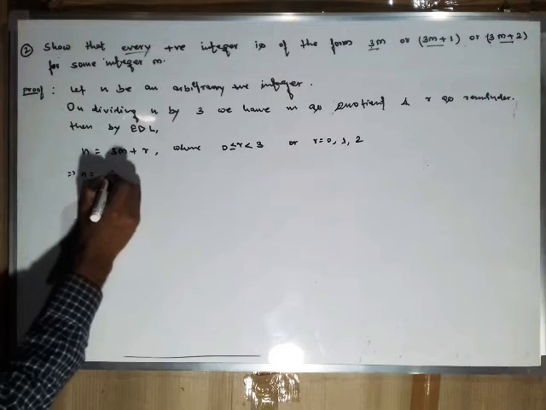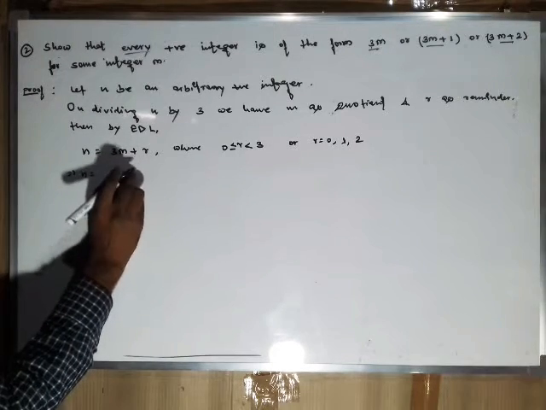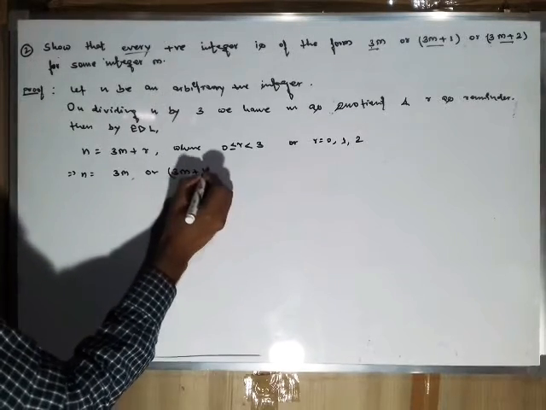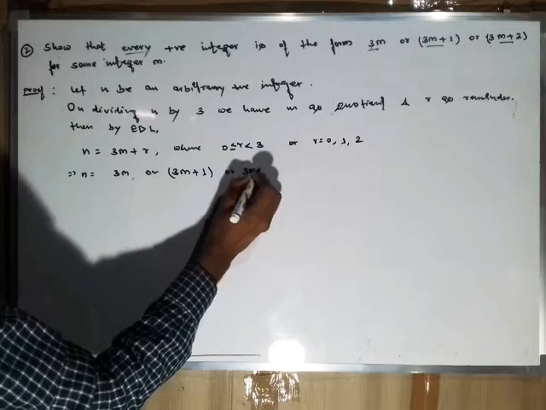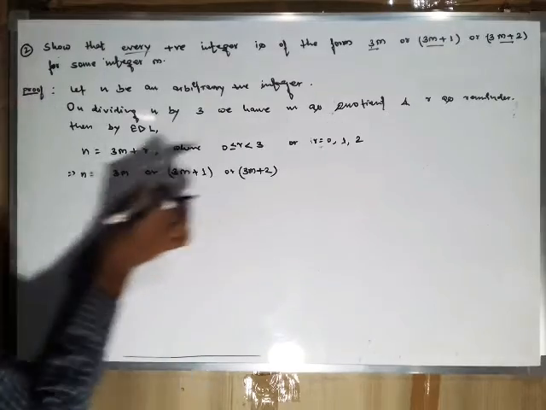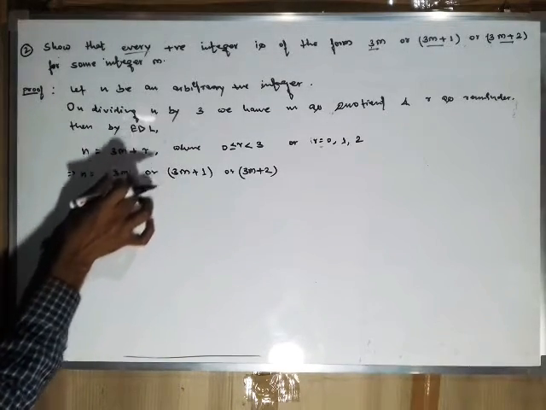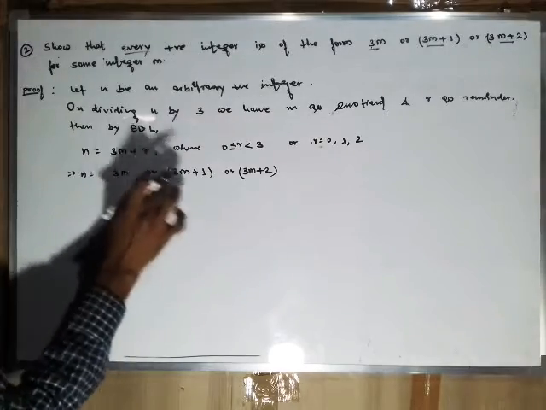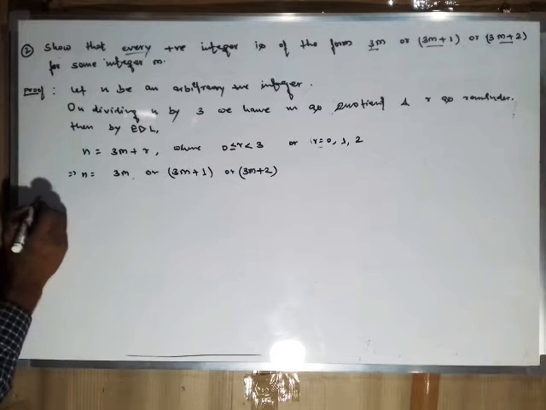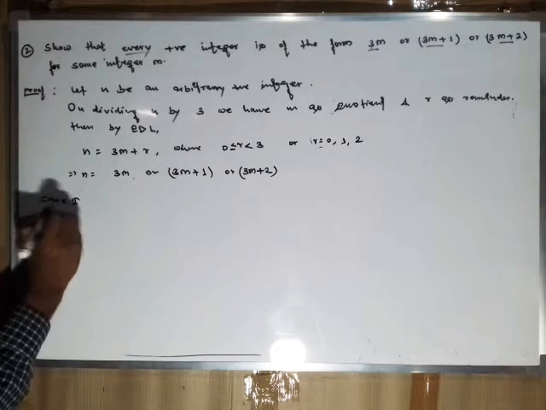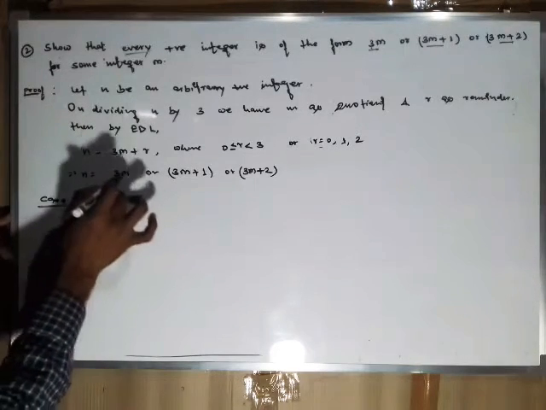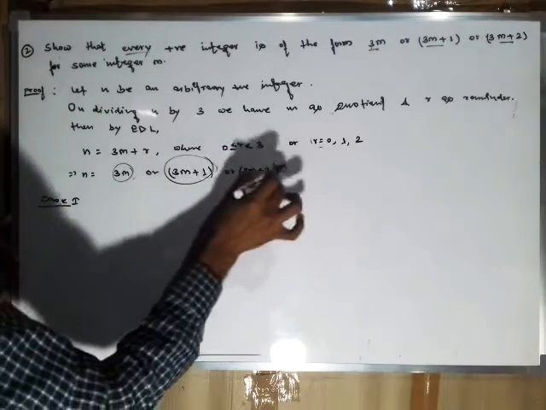This implies that n equals 3m or 3m plus 1 or 3m plus 2. Means when the remainder is 0, it is 3m plus 0; at the place of r is 1, then 3m plus 1; at the place of r is 2, then 3m plus 2. Clear? Now case first for this, case second for this, and case third for this.